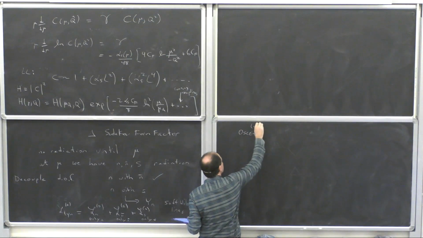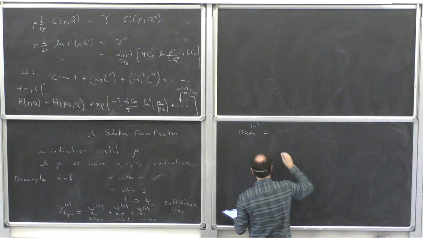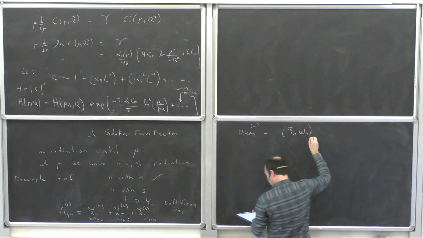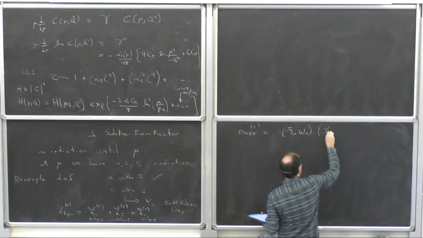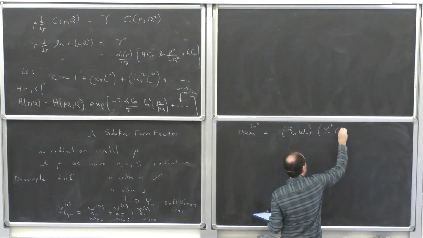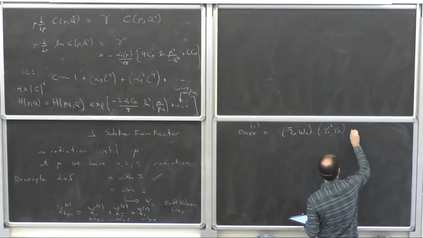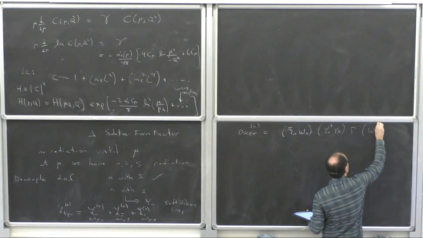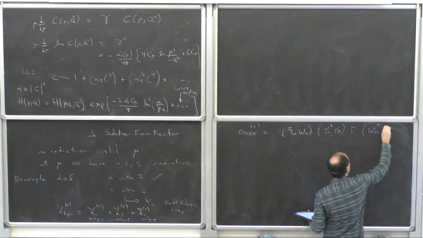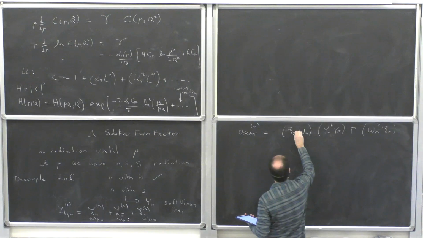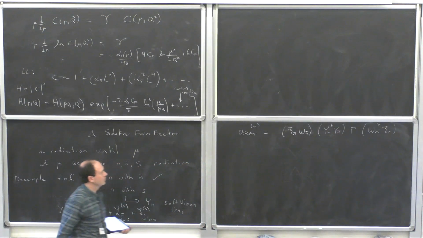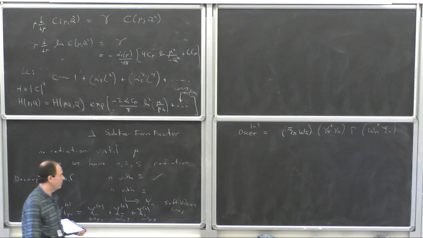I will tell you what the SCET operator looks like after this step, because it's where things are still coupling. Okay, I think I made this the W_n, this the W_n bar. This is what happens after that field redefinition.